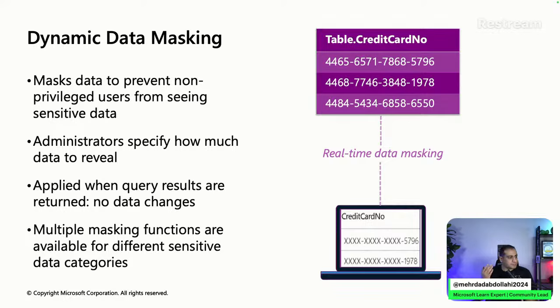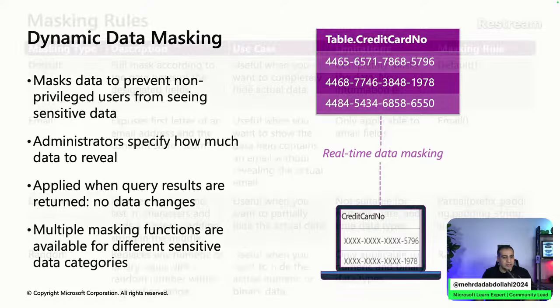And of course, it is going to be done with higher permissions to keep that masking. And of course, there are different masking functions available for different sensitive data categories.